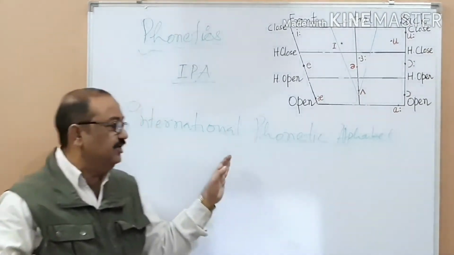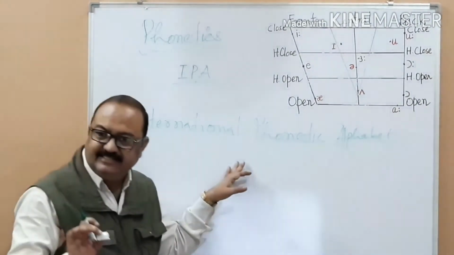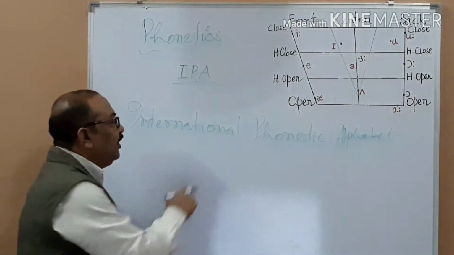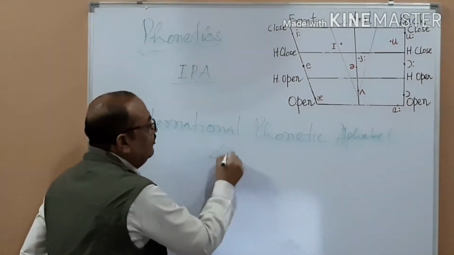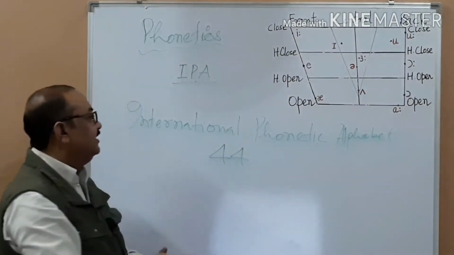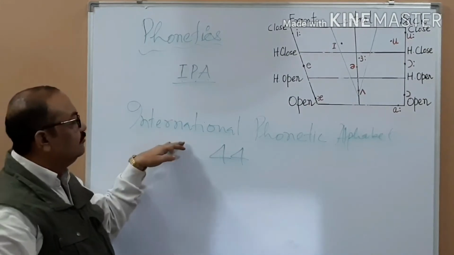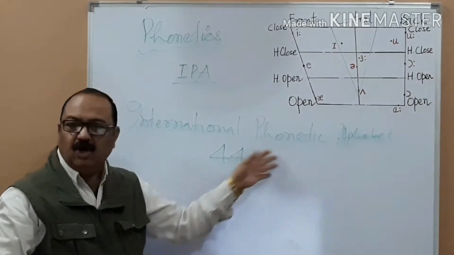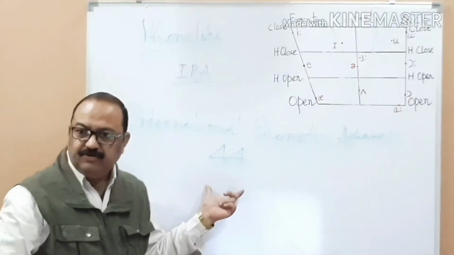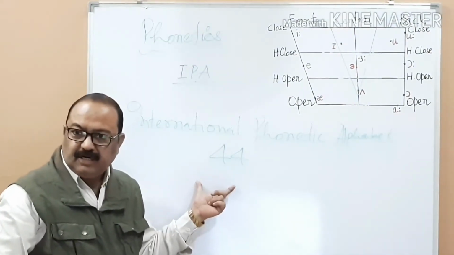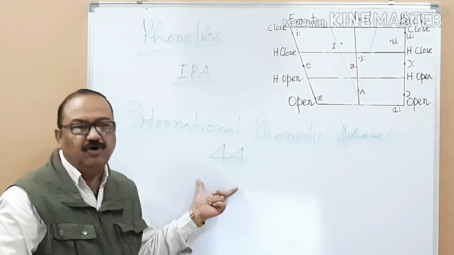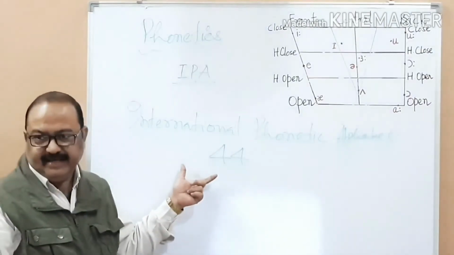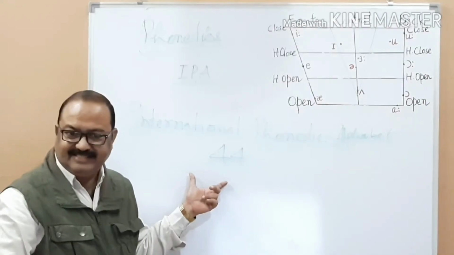Although, as we discussed, there are 26 letters in the English alphabet, there are 44 IPA symbols. In the International Phonetic Alphabet, how many symbols do we have? We have 44. Out of 44, 12 are vowels, 8 are diphthongs, and 24 are consonants.